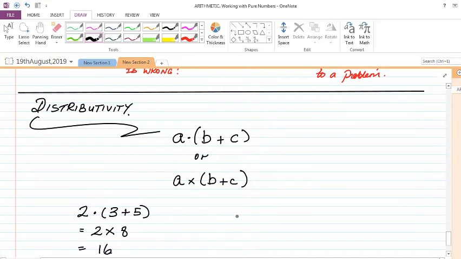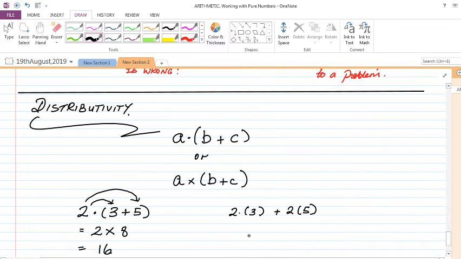Let's look at something else. If I take the 2 and multiply by the 3, and the 2 and multiply by the 5, and I add them, I want to see what the result would be.